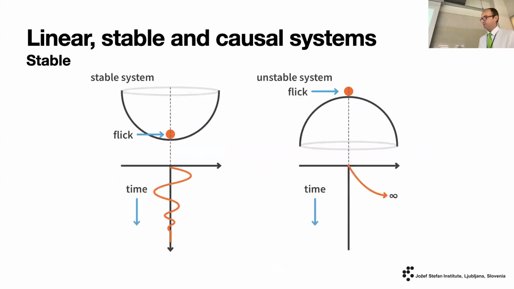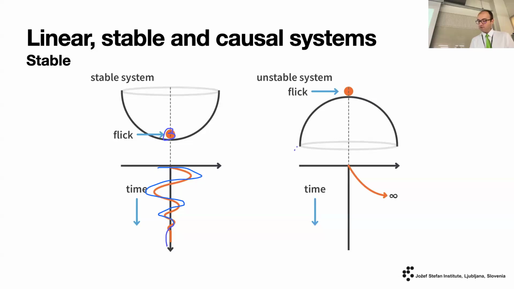The next thing in this title are stable systems. So a stable system is a system that returns to a resting point after some excitation. So imagine if I have a bowl like this here, and I flick this marble on some side, it will oscillate and then it will settle down here.